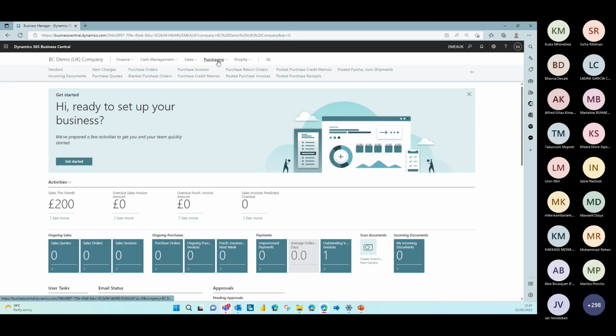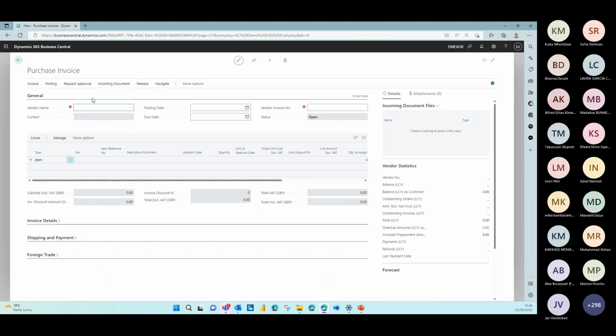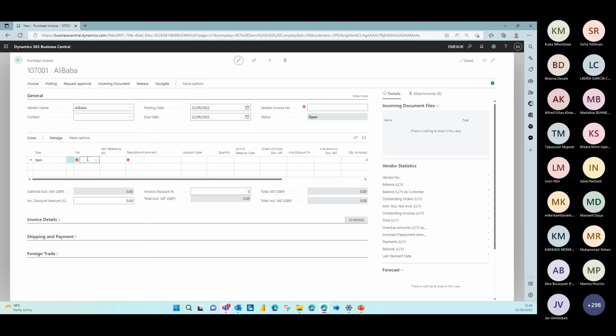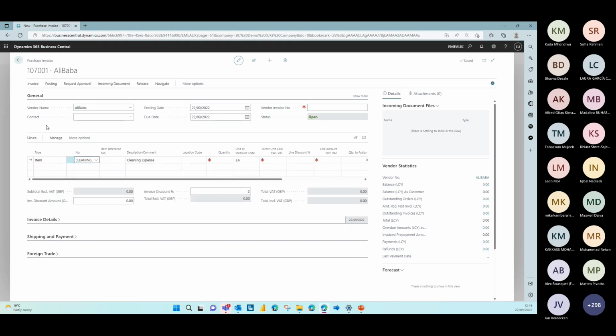Same with purchase invoices, you know. It's a little bit slow, but on here with the VAT, it will calculate.